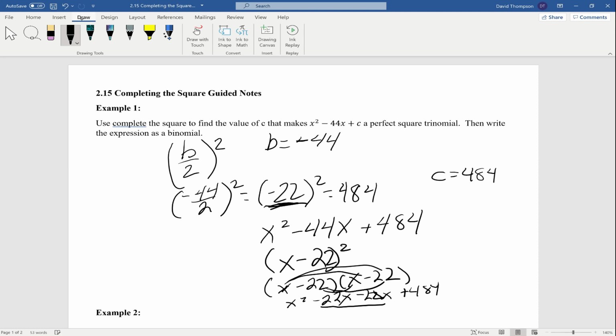If we add this together, we have x squared minus 44x plus 484. So we got back what we originally had. So our value is c, and our perfect square binomial is x minus 22 squared, and we're done with completing the square in this example.